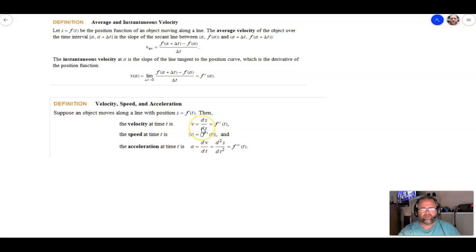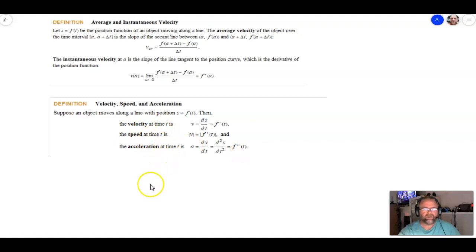But the speed really only cares about the absolute value of the velocity, so it's just looking at the magnitude. We can find the velocity by taking the first derivative of some position function. And if we take the second derivative of that position function, we can calculate the acceleration at some time t, where t is usually our time.